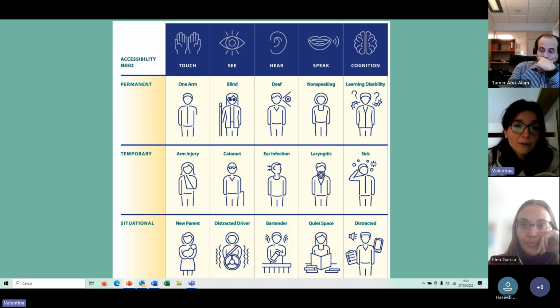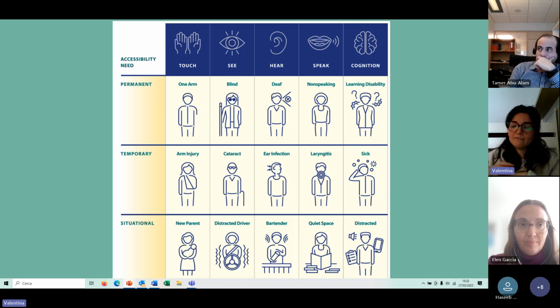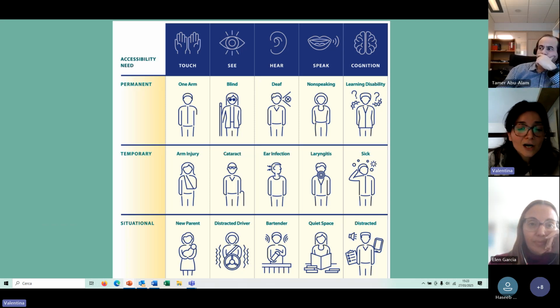When we talk about accessibility needs, we have a huge thing to consider, because we should consider permanent disability, but also temporary or situational disability. And we talk about touch, different senses.